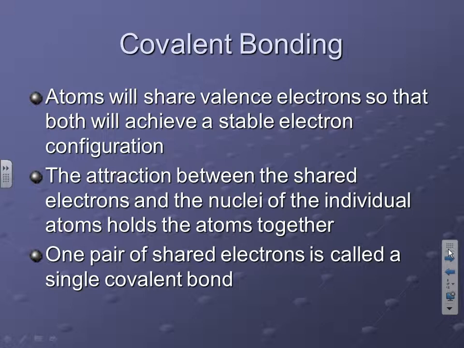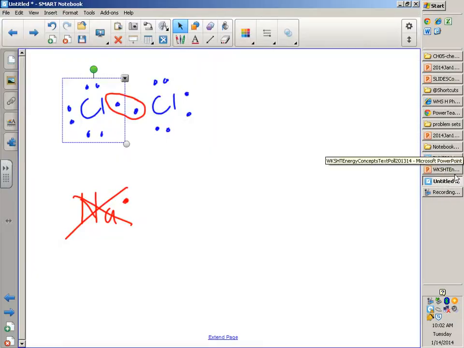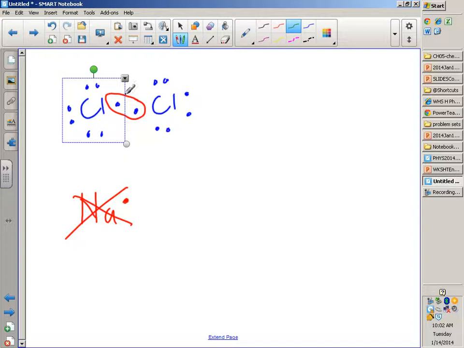So, if we go back to our original picture, here, this pair of electrons that are being shared, we call that a single covalent bond. In terms of the attraction, this chlorine atom, we drew the Lewis structure because we're only really worried about the valence electrons. But remember, there's a nucleus in here, and that nucleus has a positive charge.